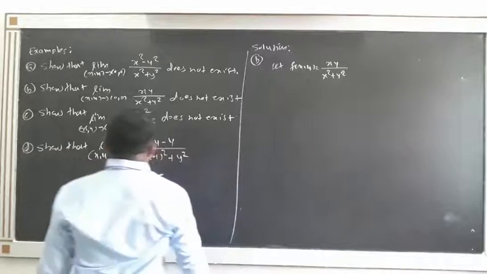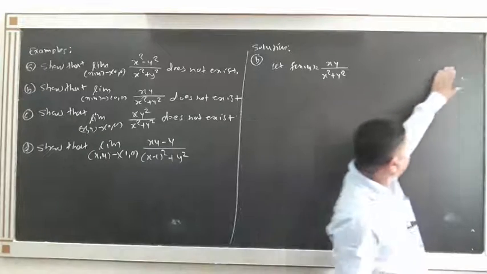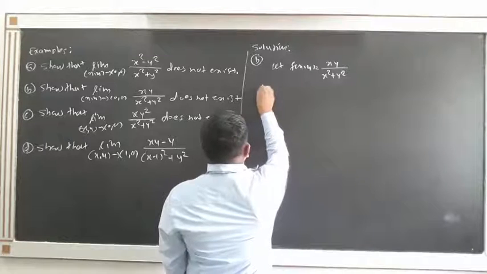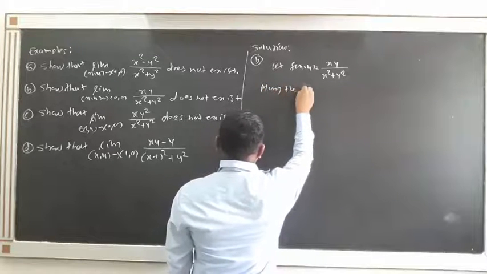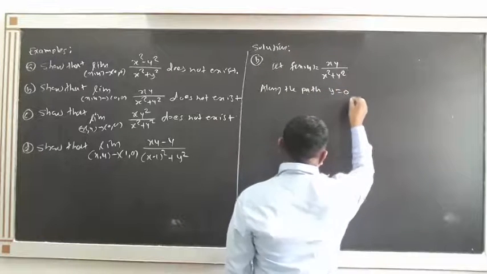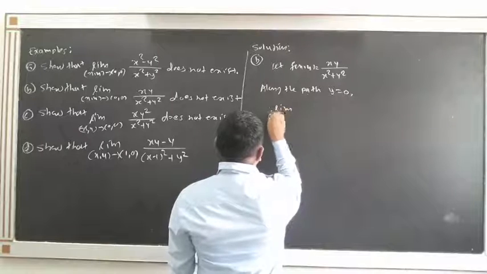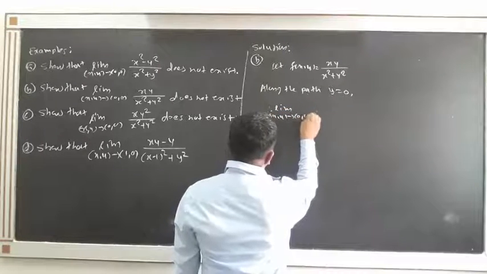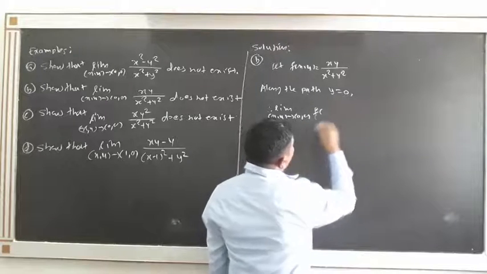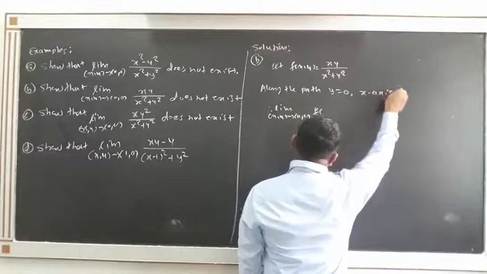Okay, so you can take any other or different methods, but yes, along the path y is equal to 0, suppose. Then the limit as (x,y) tends to (0,0) of f(x,0), along the path y is equal to 0, means the x-axis, is it?